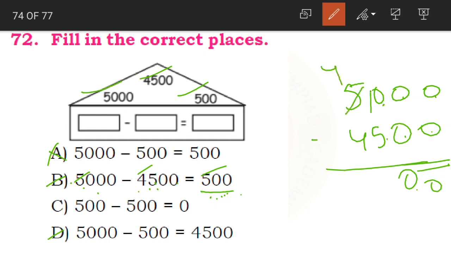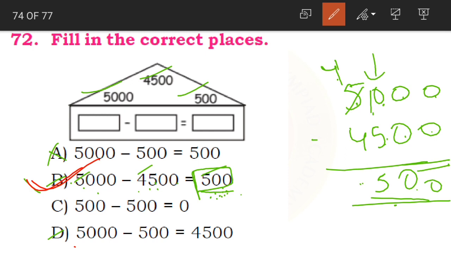We'll borrow. 0 becomes 10, 5 becomes 5 minus 1, 4. Now in the hundreds place, 10 minus 5 is equal to 5, and lastly in the thousands place, 4 minus 4 is 0. What is our difference here, children? 500. That is the same as given in option B. So option B is our correct answer.